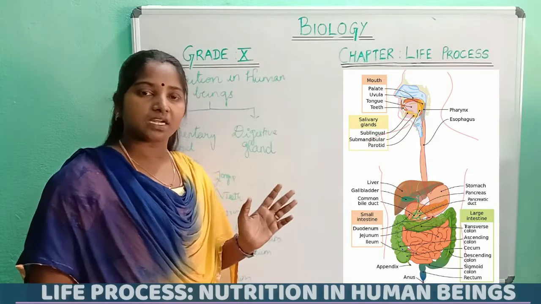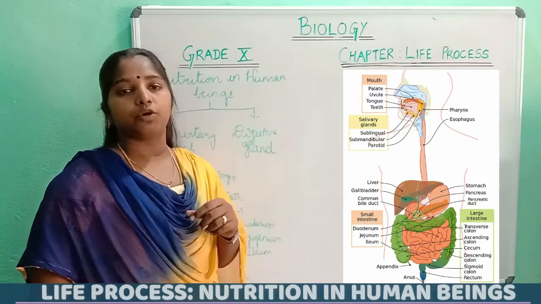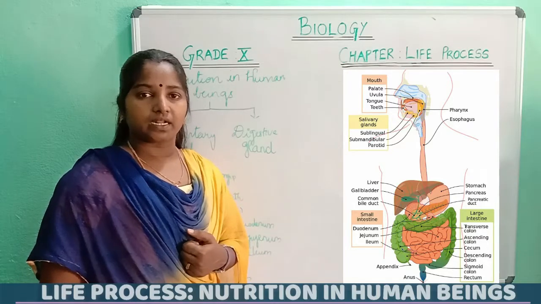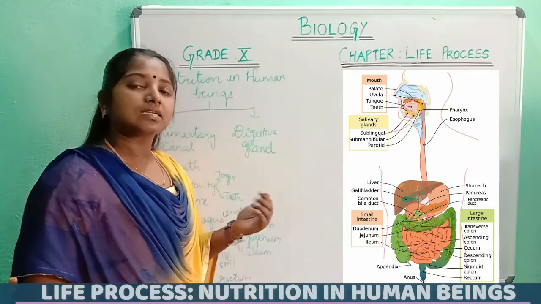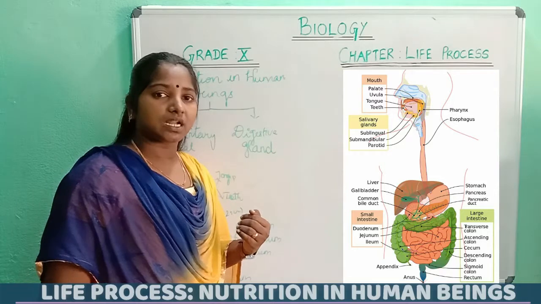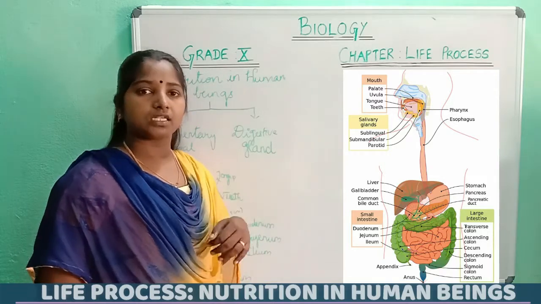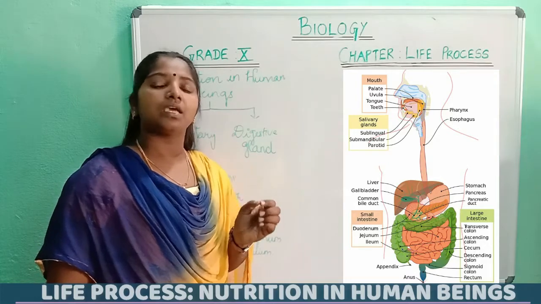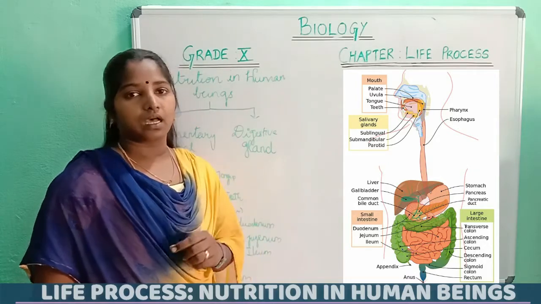The same small intestine is there, and one more part is included to digest those cellulose particles. Understood? So this is the difference between carnivorous animals and herbivores. The small intestine is longer in herbivores than in carnivores.